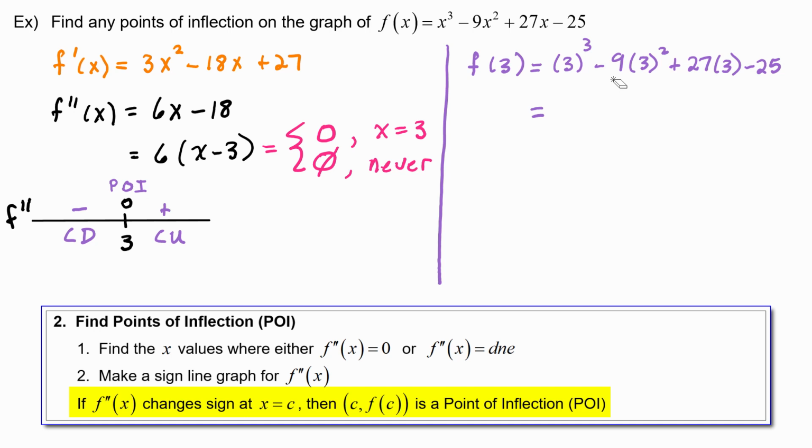We have 3 times 3 times 3 times 3, and we have the same thing here, 3 times 3 times 3 times 3. So both of these are 81. They're going to cancel out, and we just have to do 27 minus 25, which is 2. So there will be a point of inflection at (3, 2) on this graph.